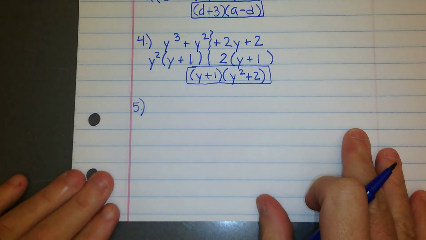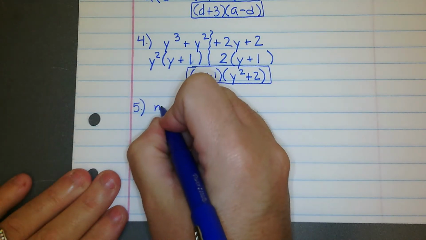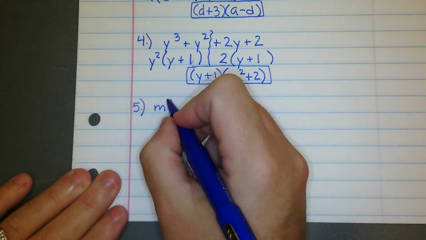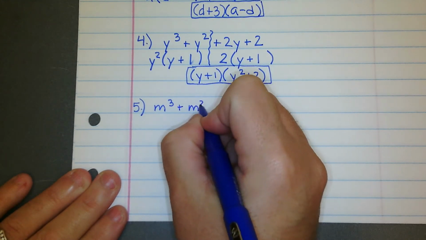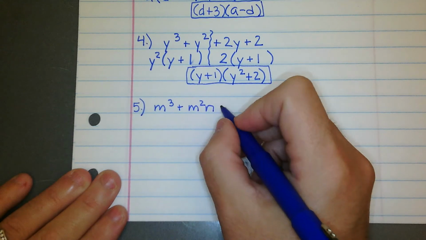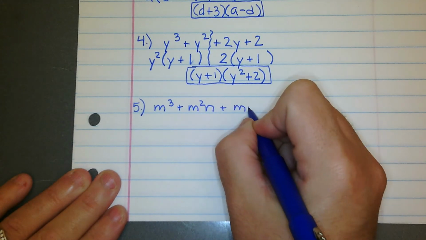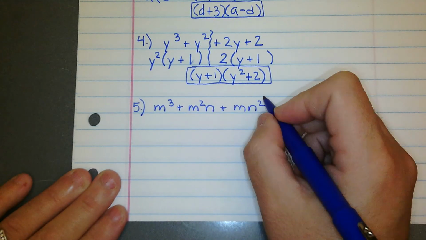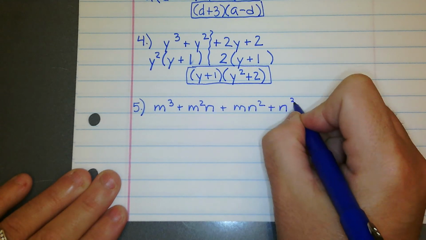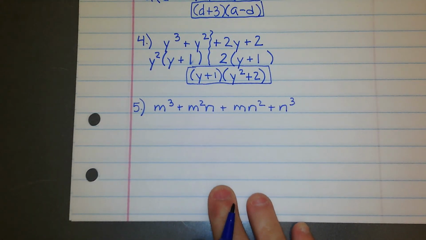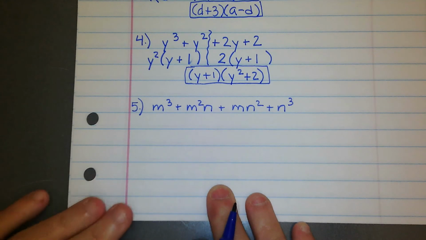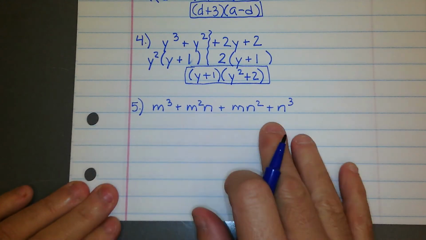There we go. m cubed plus m squared n plus mn squared plus n cubed. Oh, this is an interesting one. This is a cubic, but it's all in variable form.